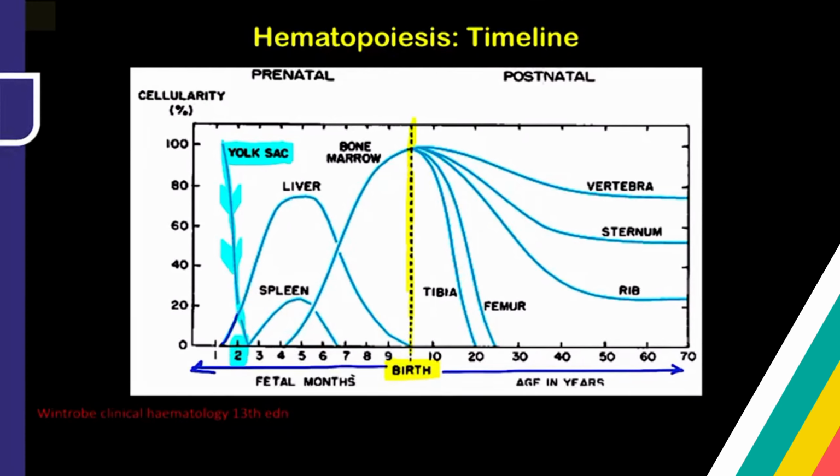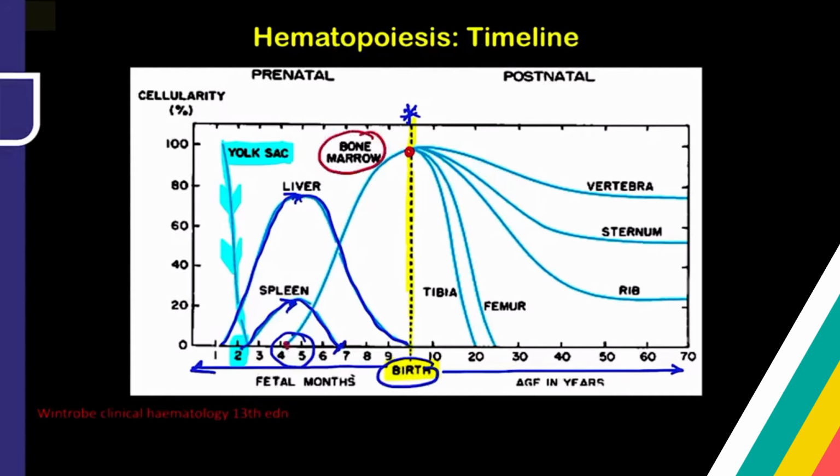After that, the hematopoietic activity of both liver and spleen decreases. Before birth, the hematopoietic activity of the liver is completely finished, and the spleen has stopped its activity long ago. So at the point of birth, the main hematopoietic activity continues at the level of bone marrow only.